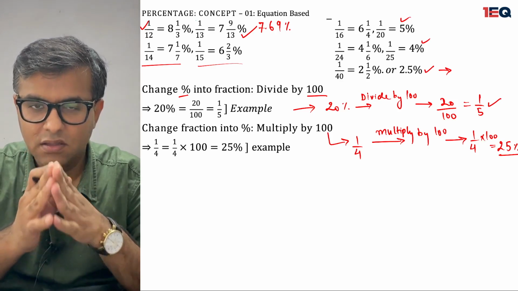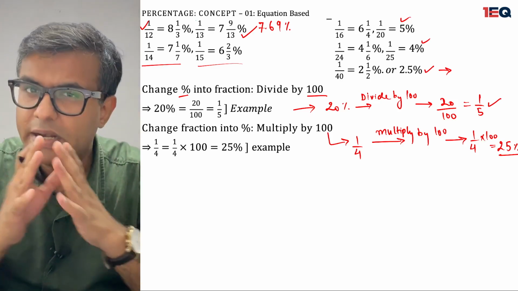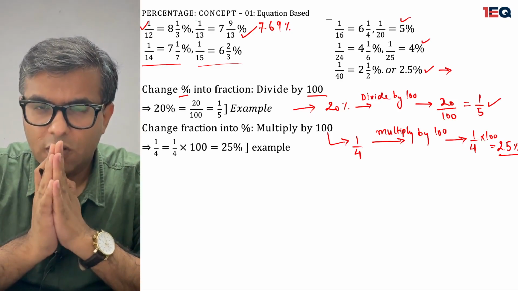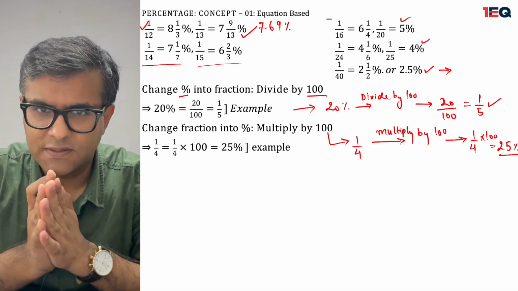I would request the viewers, I would request the students to come back, look me right in the eye, and talk about all the fractions which we've talked about and converted them into percentages.